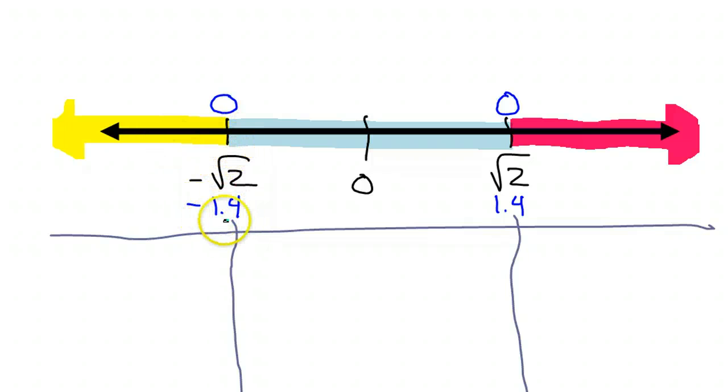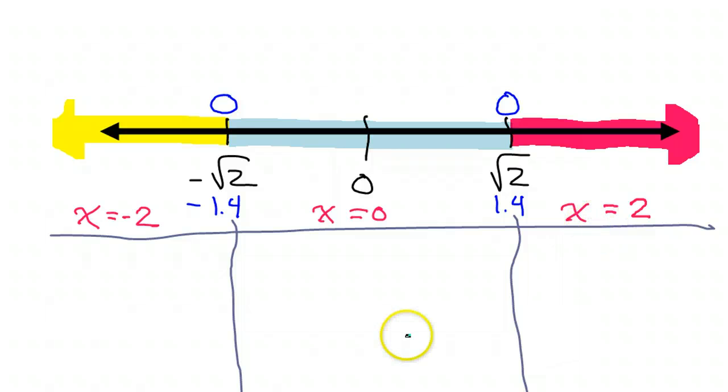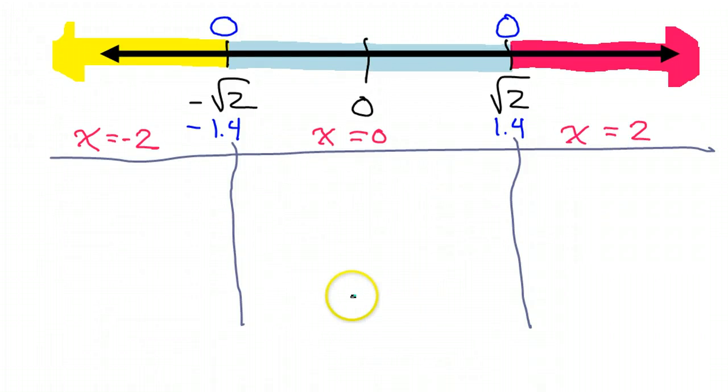If I go to the left of negative 1.4, the first integer I come to will be negative 2, so I'm going to pick that. In the blue zone, I've got 0, so I always use 0 when it's in the zone. Now, to the right of 1.4, the first integer I reach would be positive 2. So these will be the 3 values that I use as test cases.